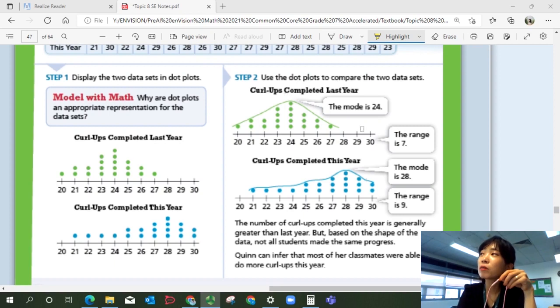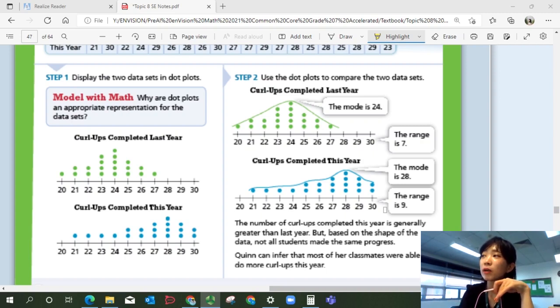So if you look at the mode, it is 24 here, and 28 on the bottom. The range is 7 on top, the range is 9 on the bottom, so the variability is greater this year than last year. But because the mode is greater this year, and because you see the cluster mostly in a higher number this year, you can say that this year they're better.